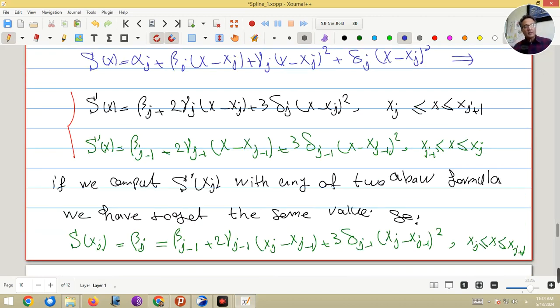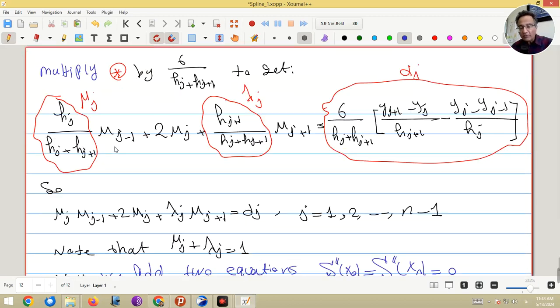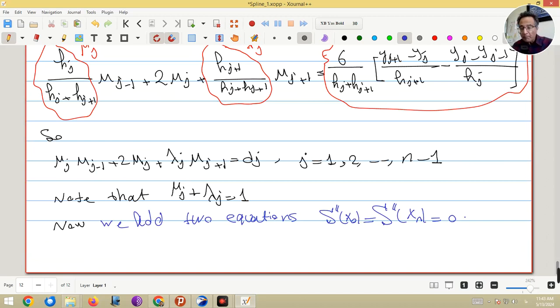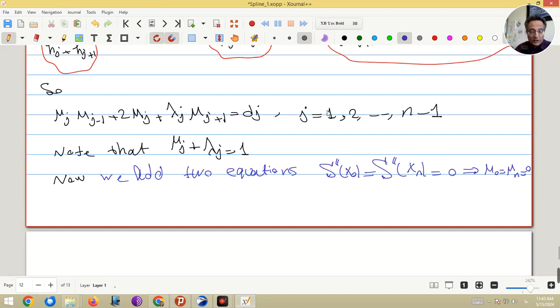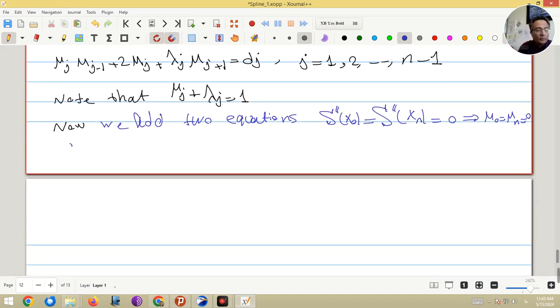S double prime is something like this. So in fact, these two equations mean M_0 should be equal to M_n equal to 0. And finally, I rewrite the n minus 1 equations that I computed before, together with these two equations, in this form.